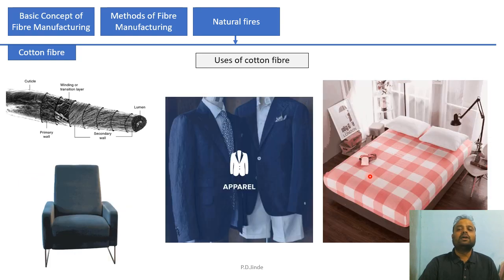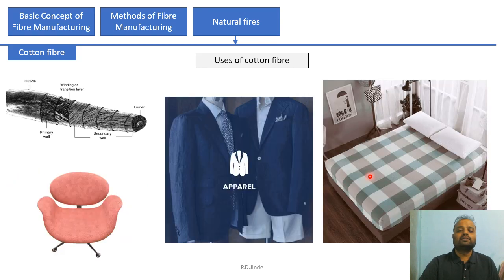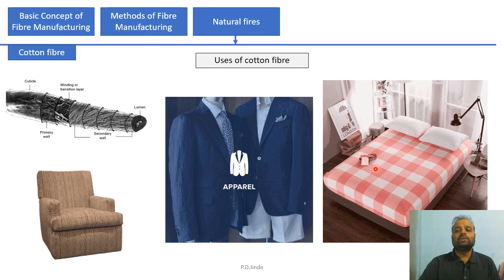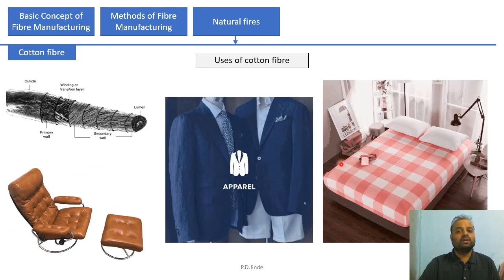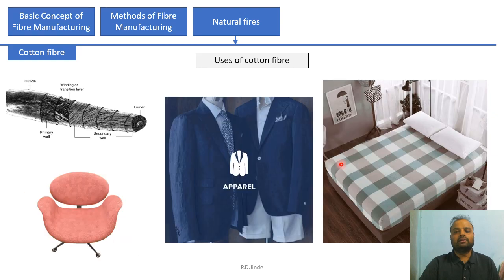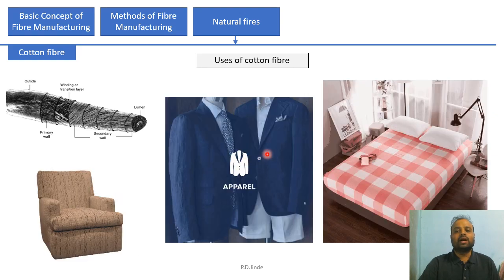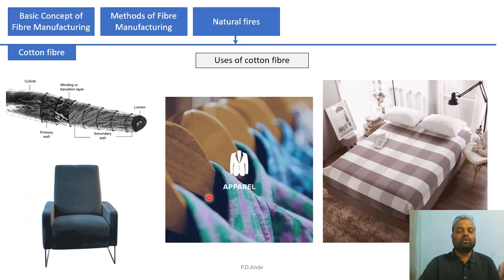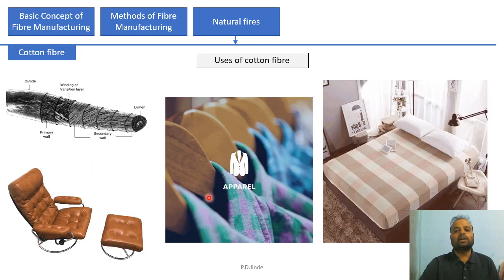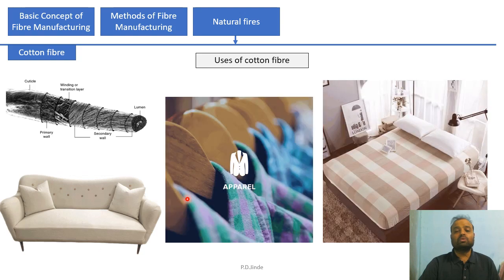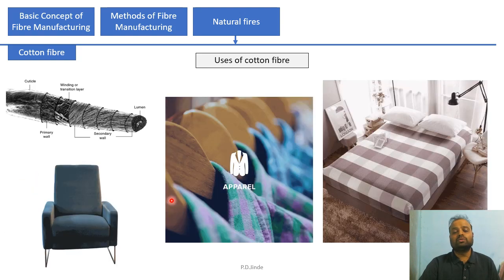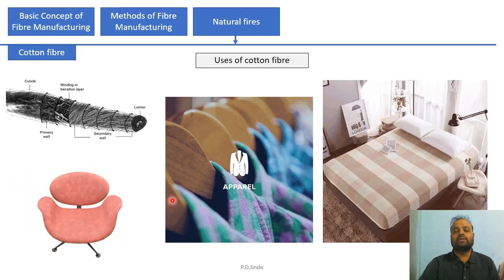Most of the items that we generally use are made from cotton because cotton is the most comfortable one. And in case of a garment also, we want a comfortable feel in the hot atmosphere. Generally cotton garments are used, and mostly and 100% we use cotton in case of undergarments.